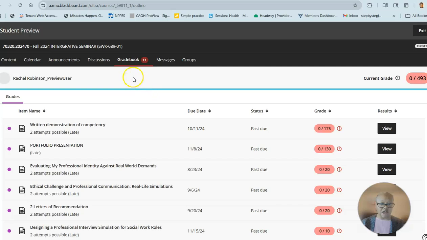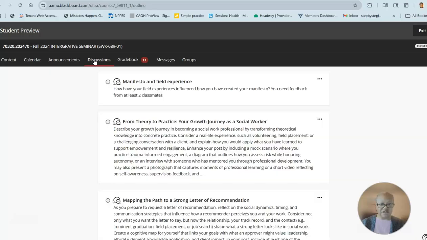If there are any discussions, they will appear here, and they will also be linked to your module so that you can access them in your module. Announcements are here.